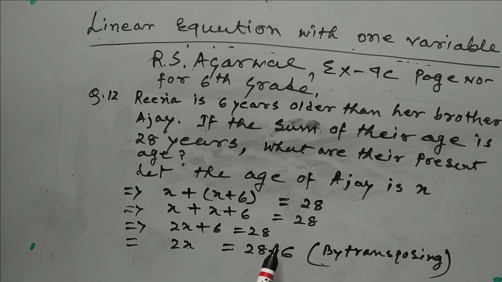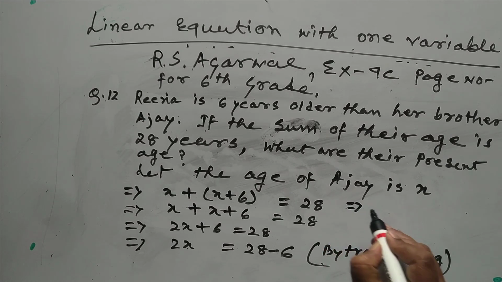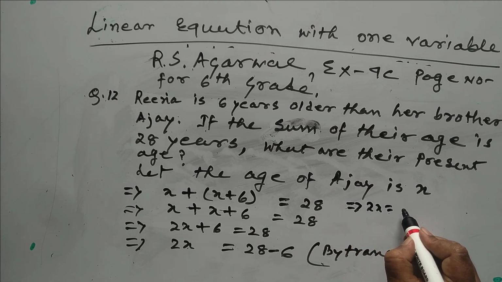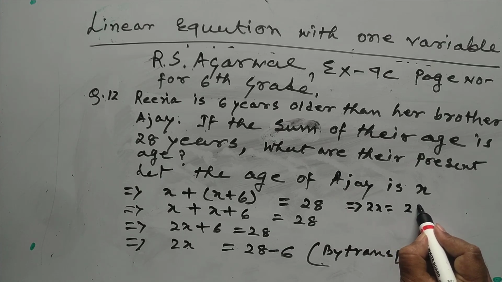I am changing the side from LHS to RHS, that is why it is minus 6. So 2x equals 28 minus 6 equals 22.